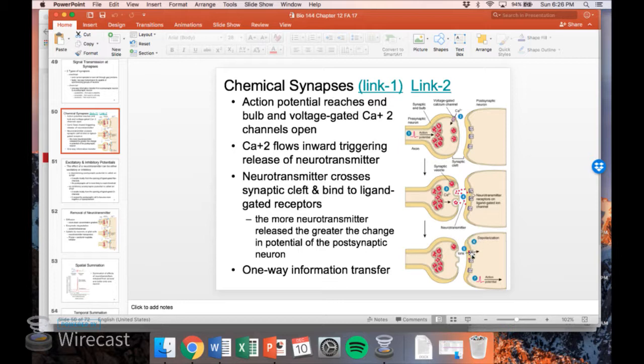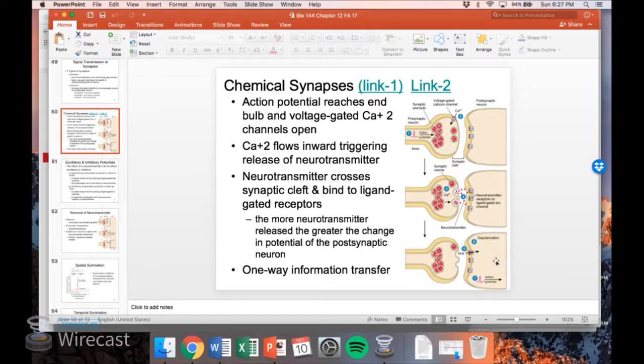Once they bind these proteins, here we can see these two little red dots where they've bound that ligand-gated ion channel. Then the ions, whatever they are, either sodium or potassium or chlorine, what have you, flow into the cell. Looks like they're a positive ion. They're probably sodium ions because it says in this diagram that they're causing depolarization. And that depolarization, it looks like, is going to be strong enough to actually cause an action potential.